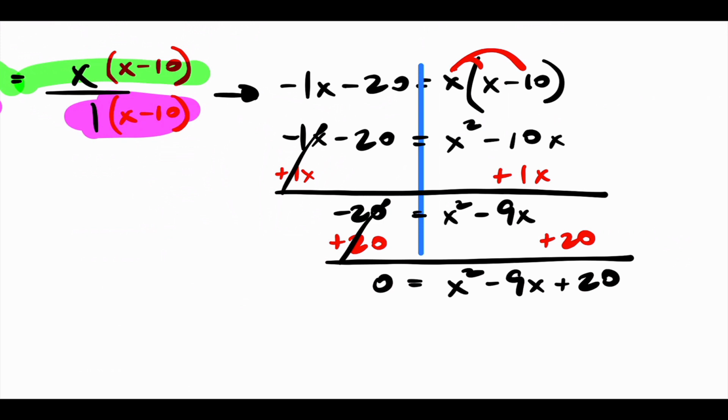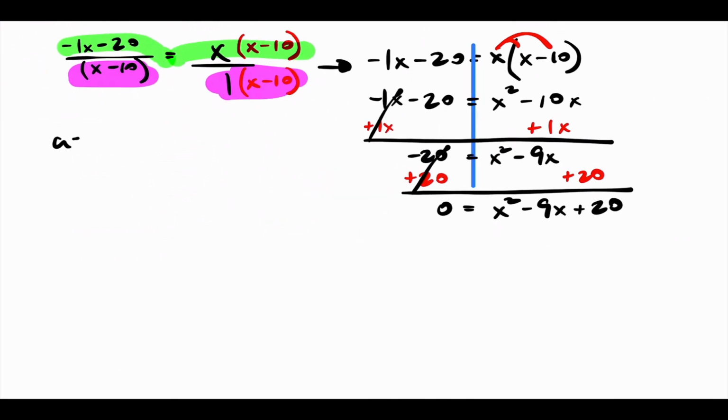Okay, so now it's a trinomial, right? Okay, to solve it, we have steps. Set it equal to 0, done. GCF, well, besides 1, it doesn't have a GCF, so let's do ABC. One, negative 9, positive 20. Positive 20, negative 9. So the two numbers that multiply to be 20, 5 and 4, both of them got to be negative. Good.